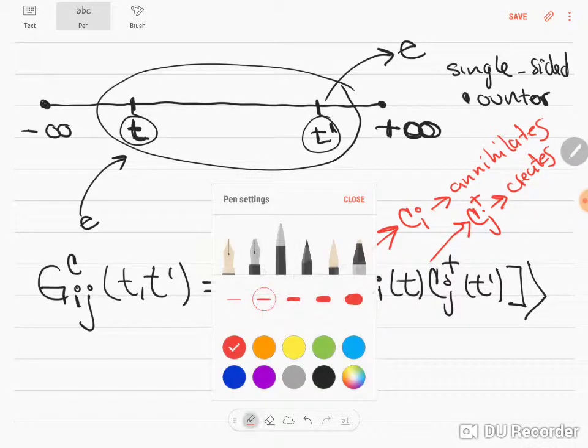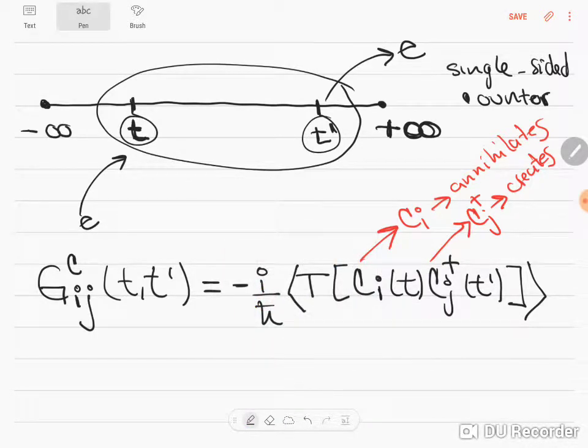Now let's talk about this operator T, the time-ordering operator.